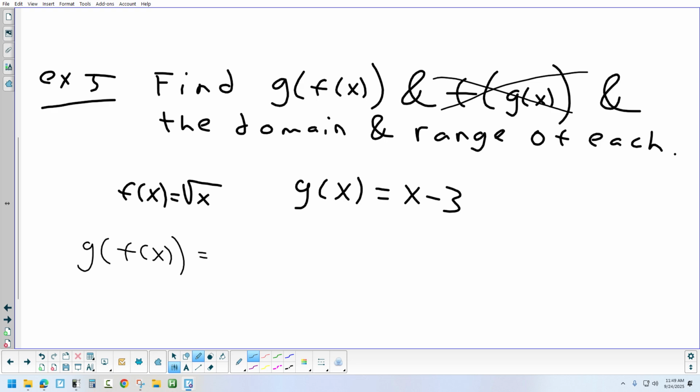What's f of x in this case? Square root of x. Yep. So fill that in right there. And now what would the final answer look like when we plug square root of x into formula G?